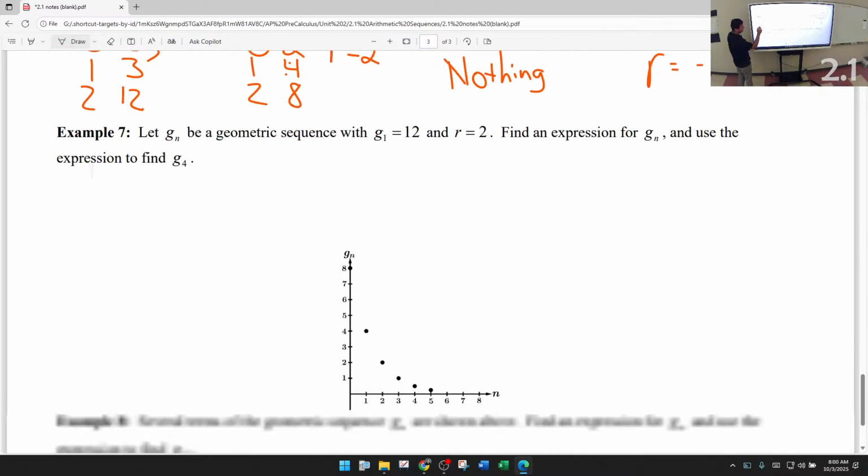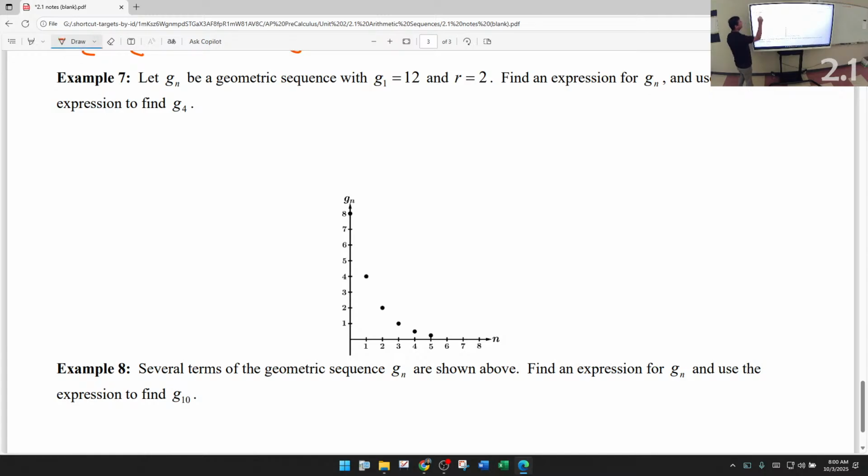Almost done. They're telling me we have a geometric sequence with G sub 1 is 12 and R is equal to 2. Find an equation. G sub n equals G sub k times R to the n minus k. Plug and chug.